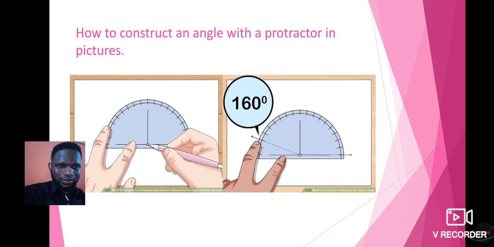And also the horizontal line drawn below that protractor must also coincide with the horizontal line that you're going to draw. It's very, very important. You don't just place the protractor anyhow and use it to measure an angle accurately. No. The baseline of that protractor must coincide with the horizontal line you've drawn, and also the center of the protractor must coincide with one of the points. Let's say point A.